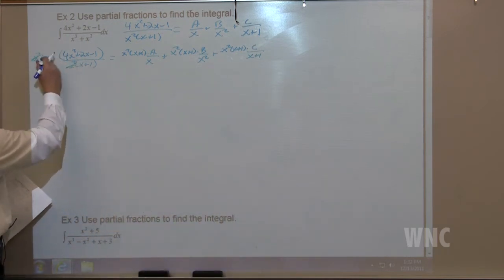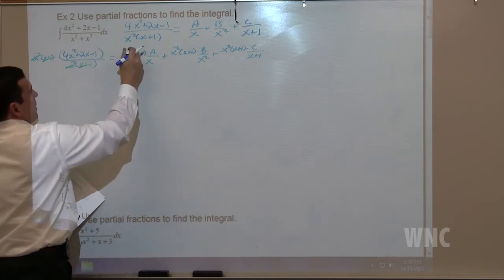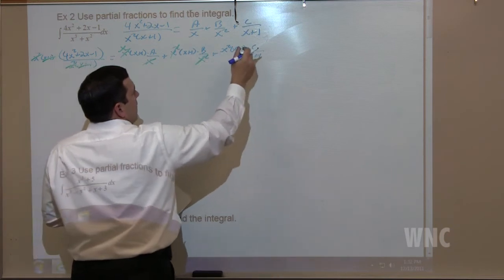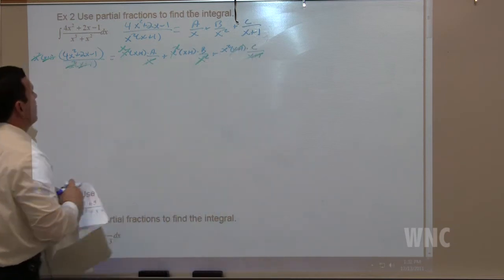So this divides out, that divides out. The x squared and the x divide, leaving an x here. The x squareds divide out, and the x plus 1's divide out.